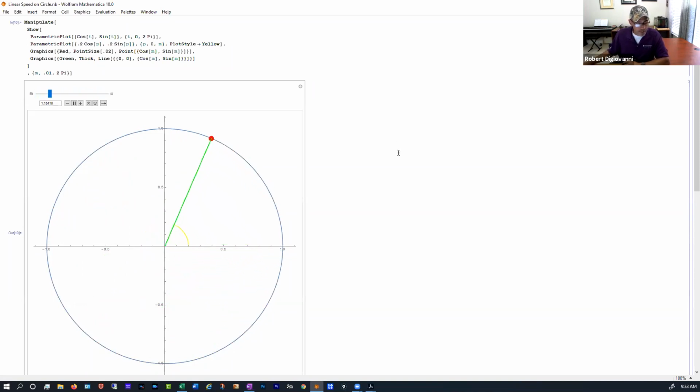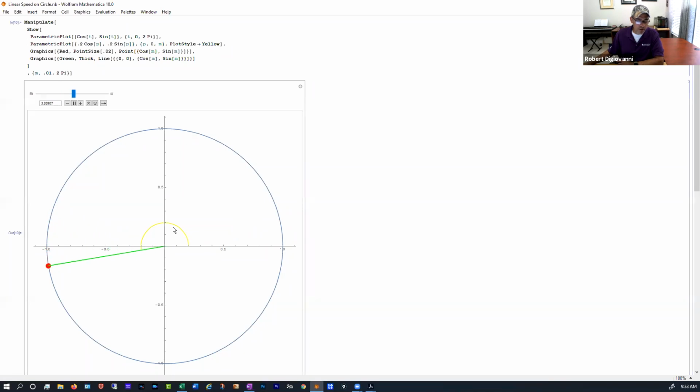Also, I want to point out something else. I know it's hard to see it here, but not only is the object's position changing, it's changing at a certain rate. I can slow this down, so the object's going a little slower, or you can speed it up.